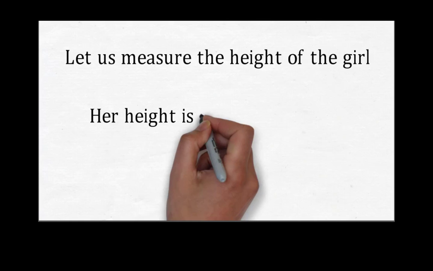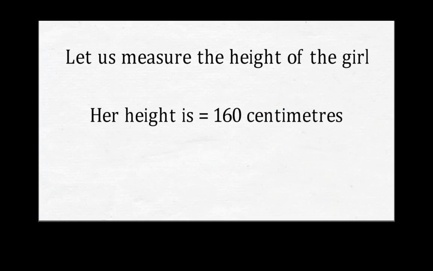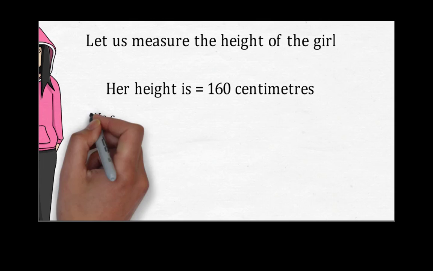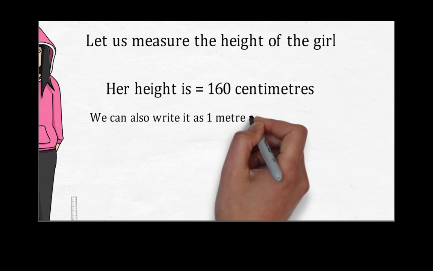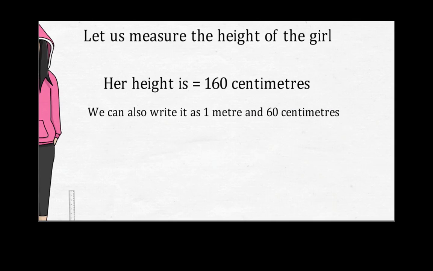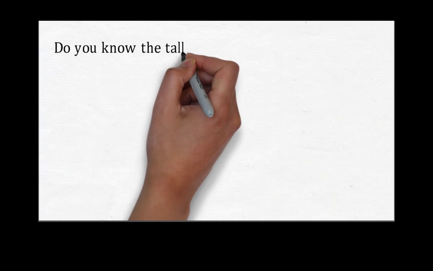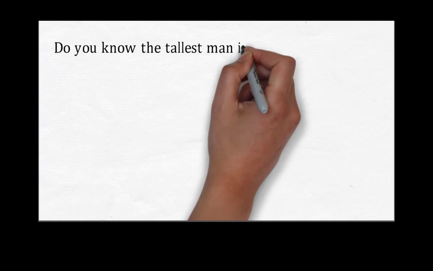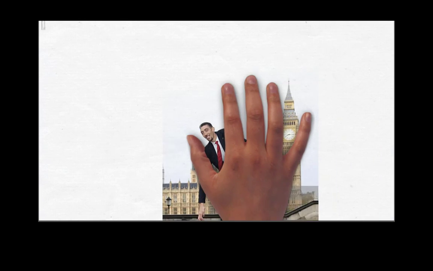So we get the height is 160 centimeters. Now we have already known about the meter, so we can also write it as 1 meter and 60 centimeters. It's very easy, is it not? Now do you know there is the tallest man in the world? He's very tall.